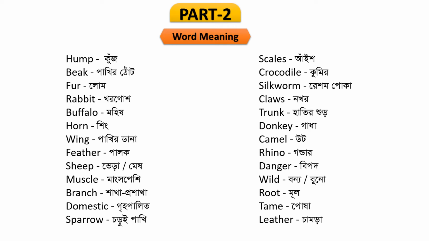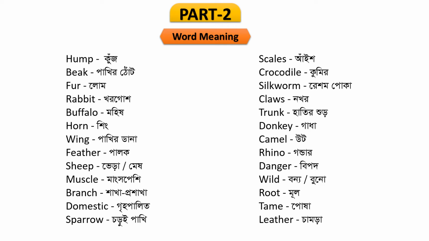Well, I would like to repeat it again. Hump means কুজ. Beak means পাখির ডানা ঠোঁট. Fur means loam. Rabbit means খরগোশ. Buffalo means মহিষ.